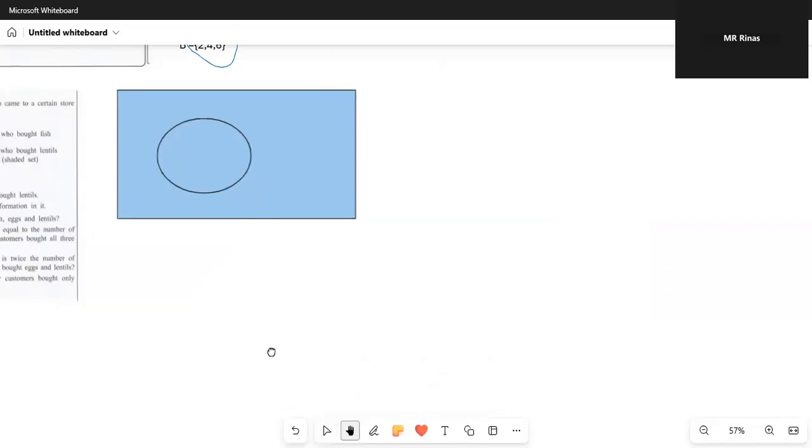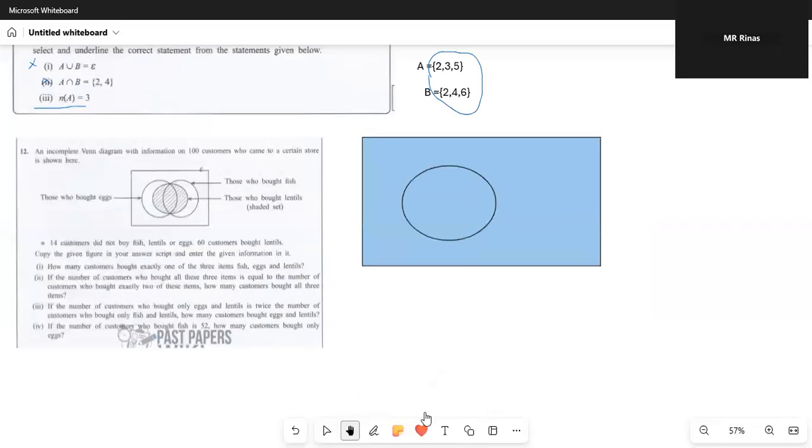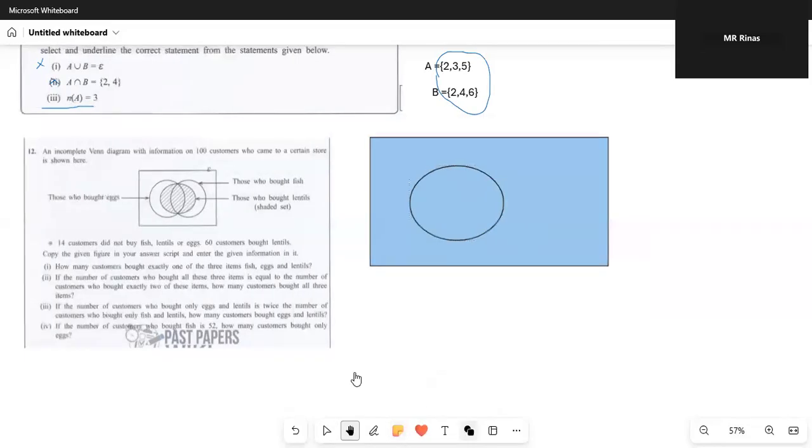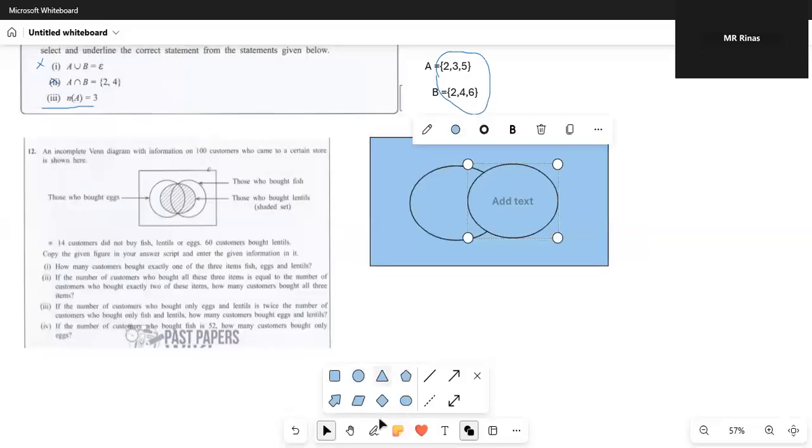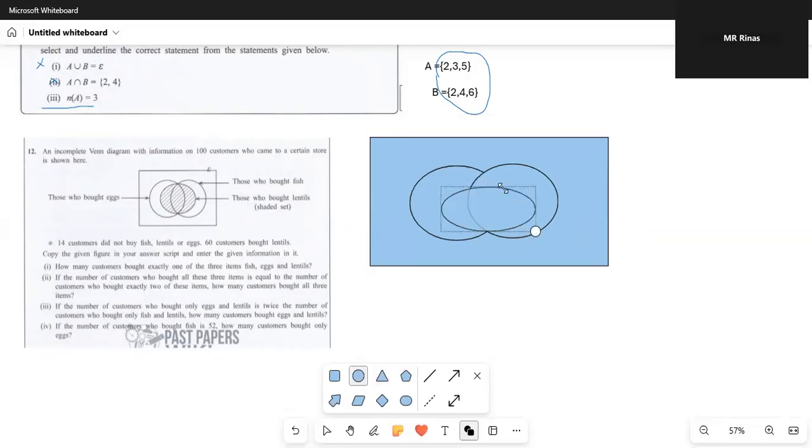We have to draw another circle. So there will be another circle, and in between we need another circle. Okay, so like this figure we have to draw.